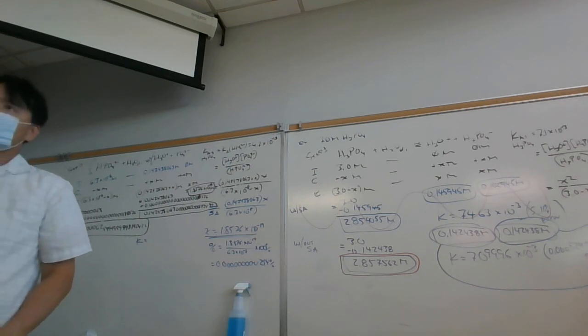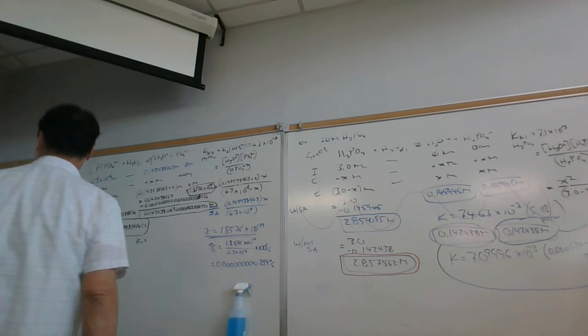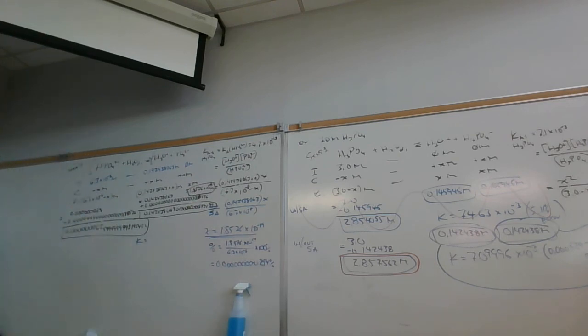What happens is, let's say I have 0.1 minus x. This is just a side topic here. If I have 0.1 minus x, and I calculate what x is, so this is equal to 0.1 minus 0.99999999999. How many digits does your calculator hold? Well, it used to hold 8 digits.